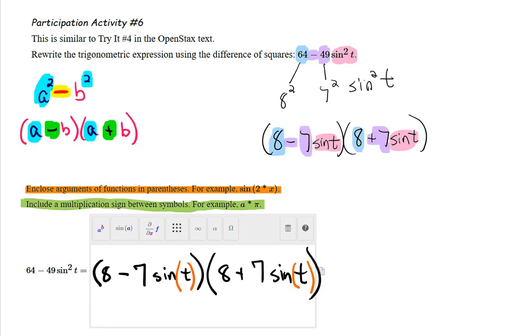So let me get you a green pen. I was like, okay, I guess they want a multiplication dot here and a multiplication dot there. And it still counted it wrong because they wanted another dot right in between these two parentheses. I've never been so annoyed in all my life.